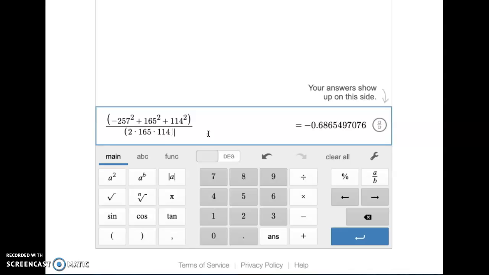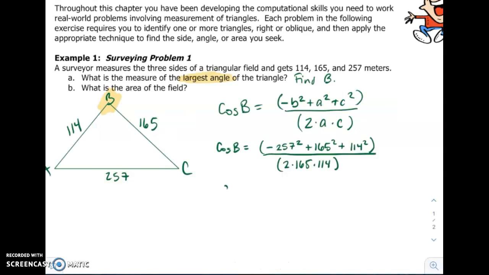Get out of that, and you can see over here that we are getting negative 0.6865. Okay, so that is what cosine of B equals.